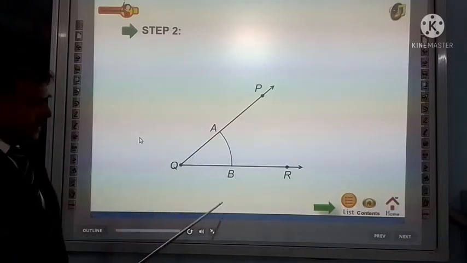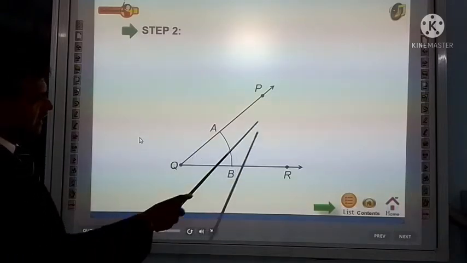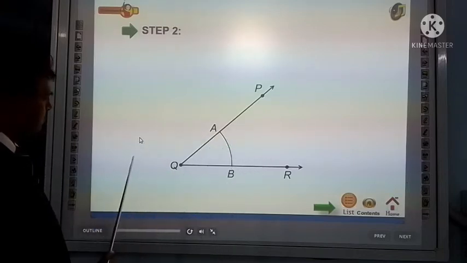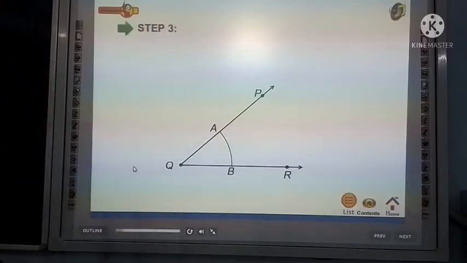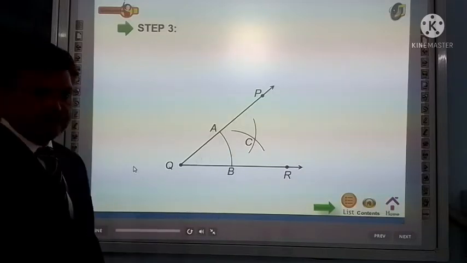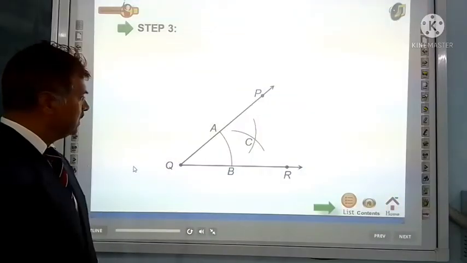Draw an arc AB. Then taking A and B as centers and with a radius more than half of AB, draw arcs to intersect each other, and put C at their intersection.